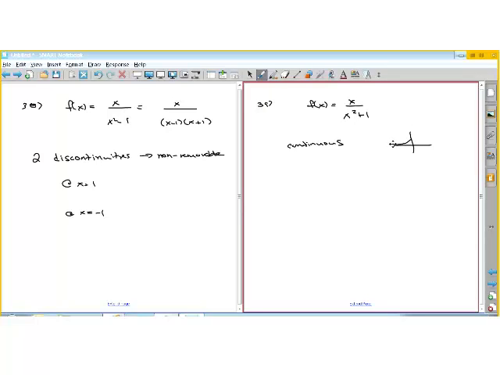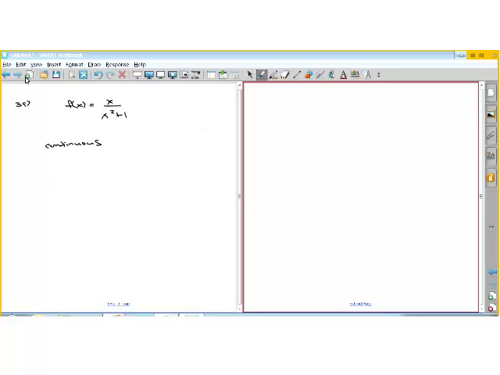The function actually looks something like this, I think, if you plotted it out. So since it's continuous, we don't have to talk about discontinuities. And I think 40 is the last one.